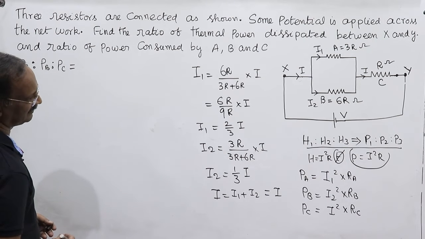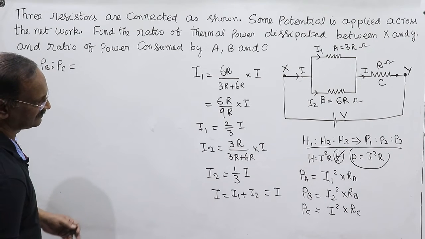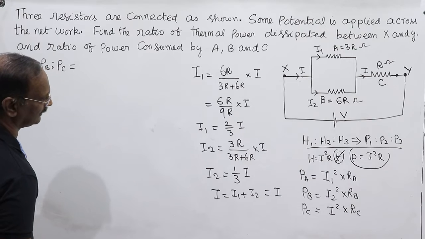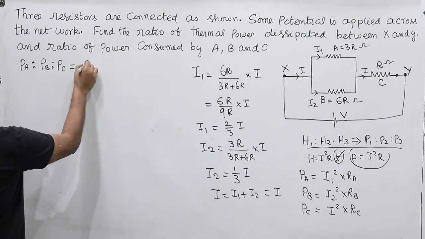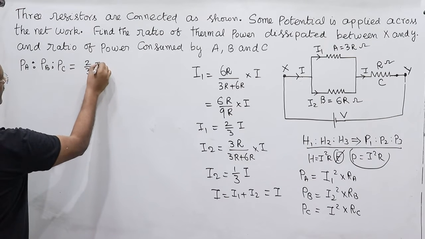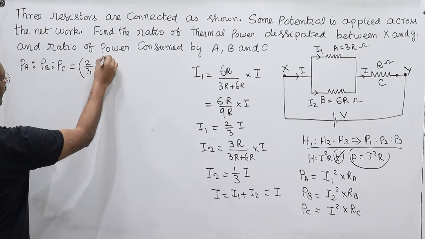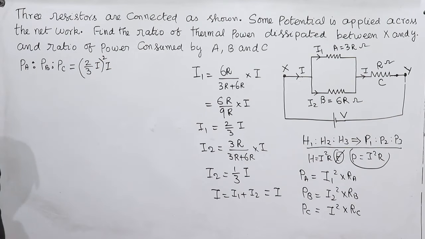What is the power in A? Power in A is equal to I1 square into RA. What is I1? 2 by 3 of I, squared.